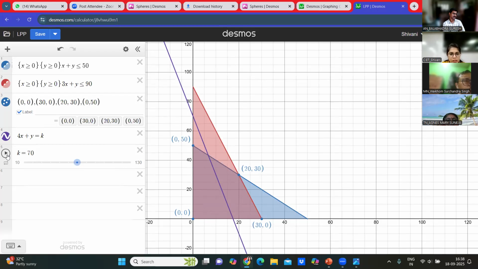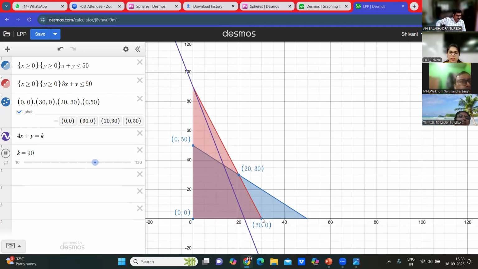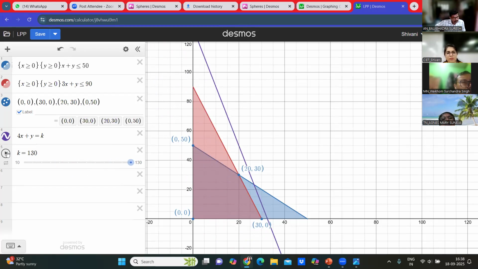So 0, 50 is not the maximum. Again, it touches 20, 30, which is also not the maximum. At last, it touches this point 30, 0. So at this constant, this objective function is maximum at 30, 0. So this kind of thing we can visualize by the graph also.